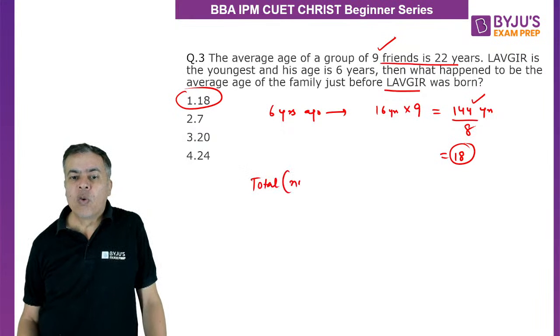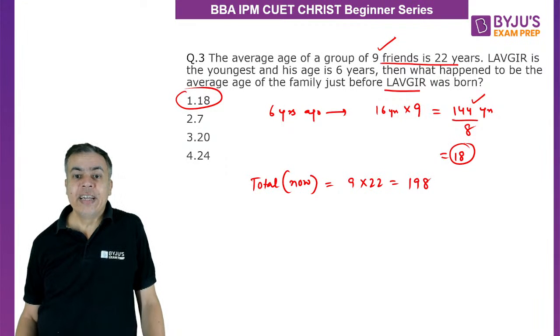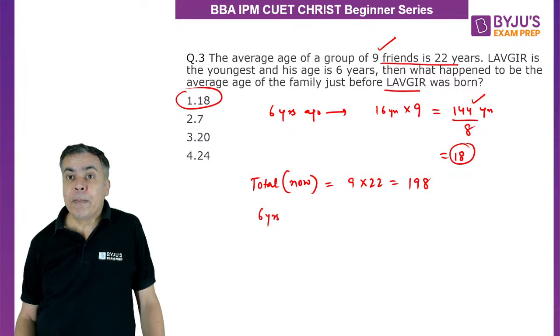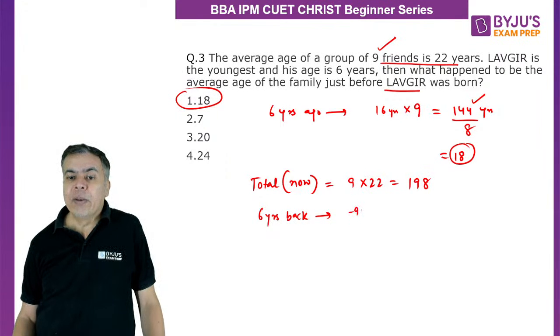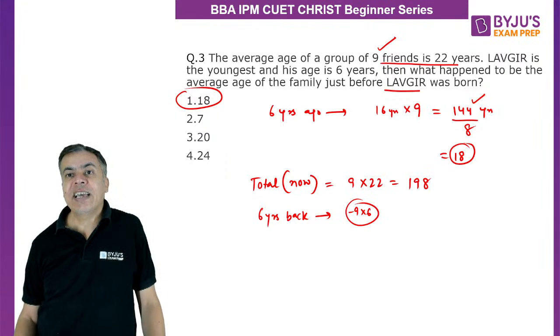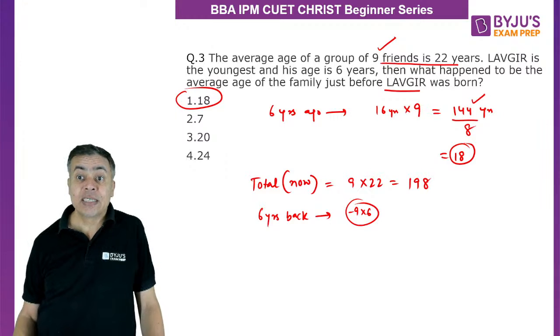You can do it like this: the total of 9 friends now is equal to 9 into 22, which is 198. So 198 years now. And if you go 6 years back, all 9 friends will become 6 years younger.